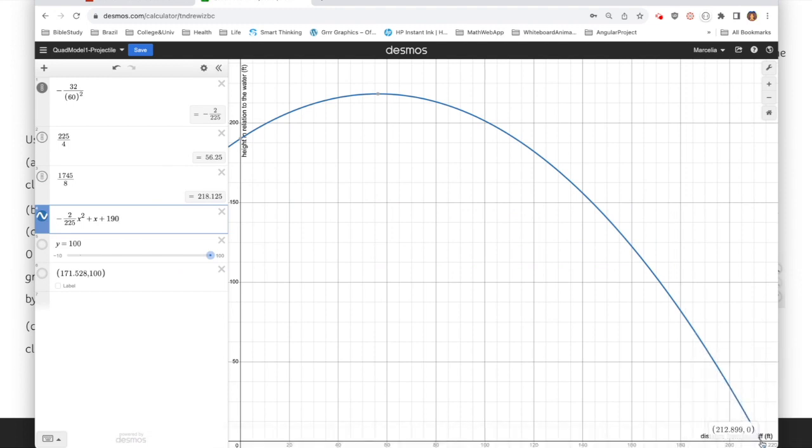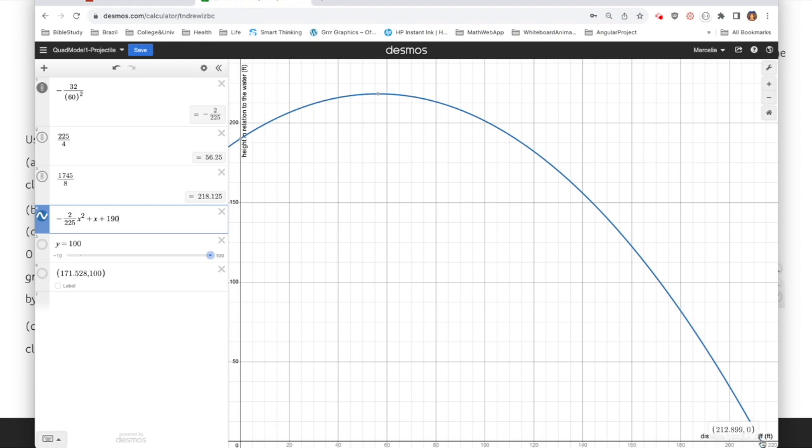and you see that the point where height is 0 is where the projectile will hit the water. This projectile will be 212 feet away from the cliff. And this is what they want.